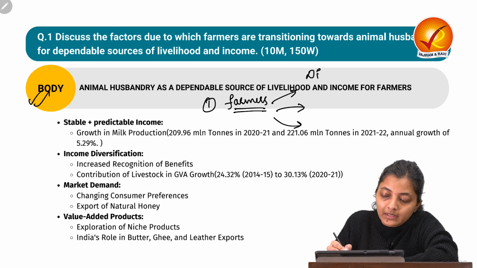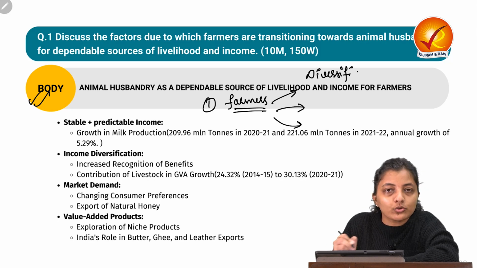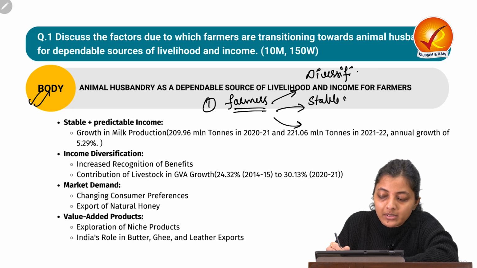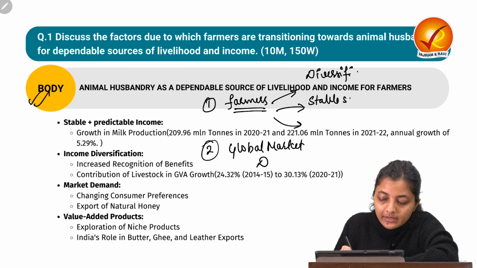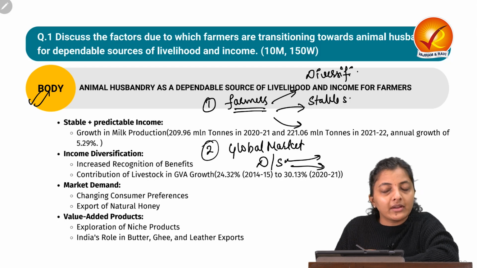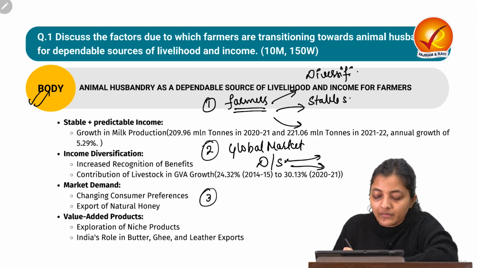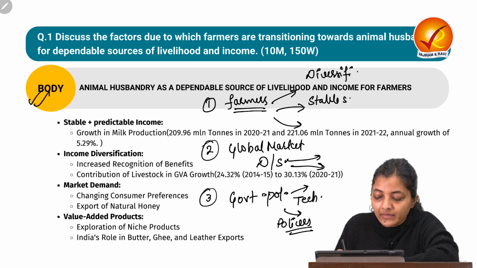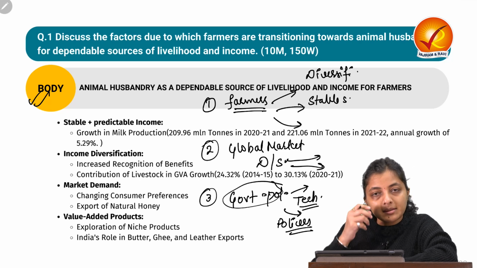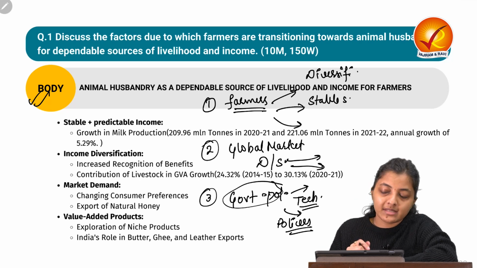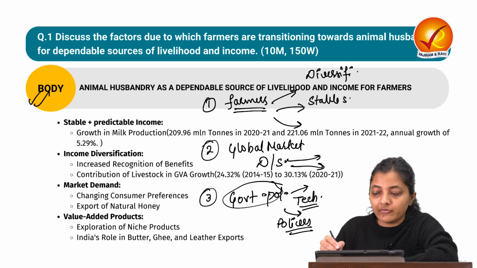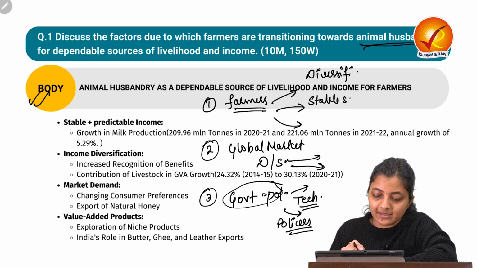Like for them, they got the diversified source of income, they got some stable source of income, etc. With respect to the global market, it means the demand and supply, what are the various factors with respect to that. And third, with respect to the governmental policies, with respect to some technologies and other policies of the government, how these governmental policies support this transition. That is why the farmers are taking this transition from the crop production to the animal husbandry.